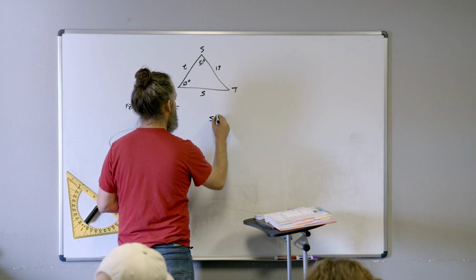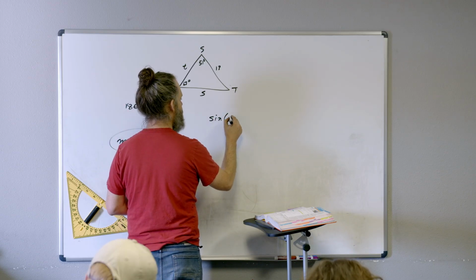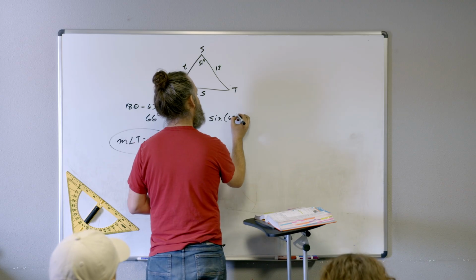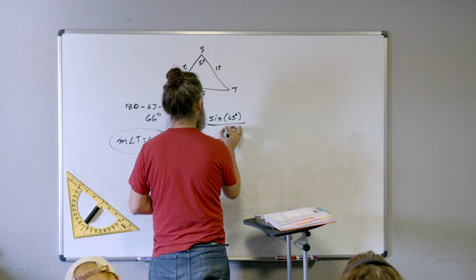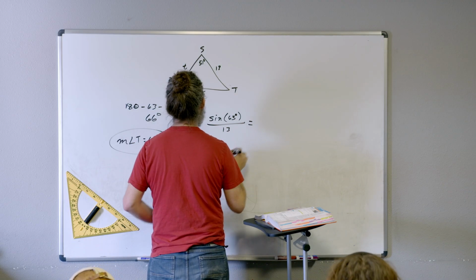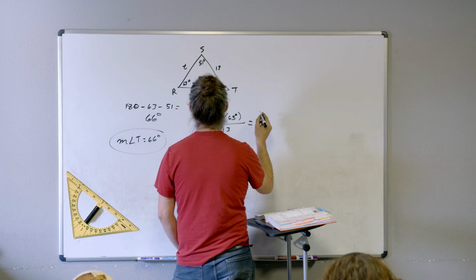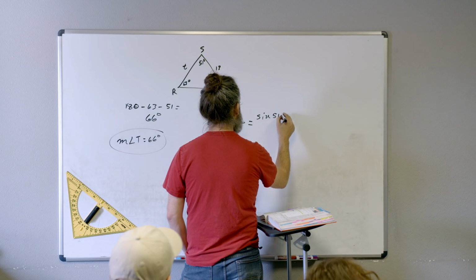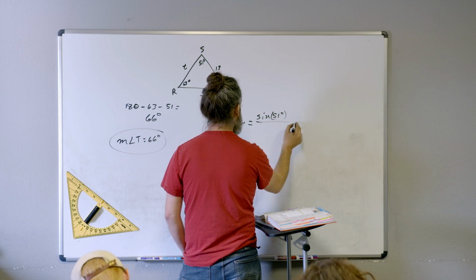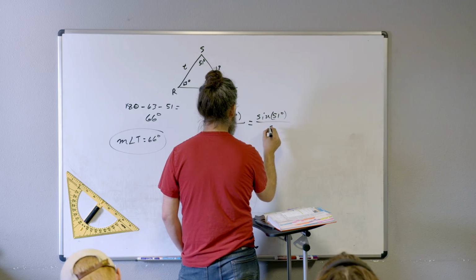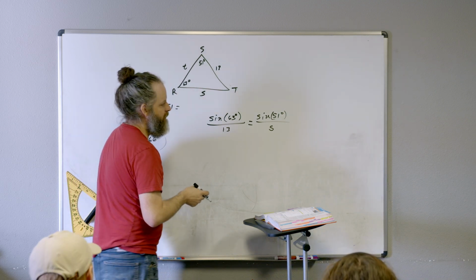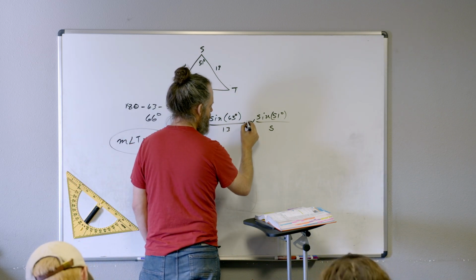So the sine of 63 degrees, so make sure your calculator's in degree mode, over 13 equals the sine of 51 degrees over S. That's just a proportion, right? Cross multiply and divide.